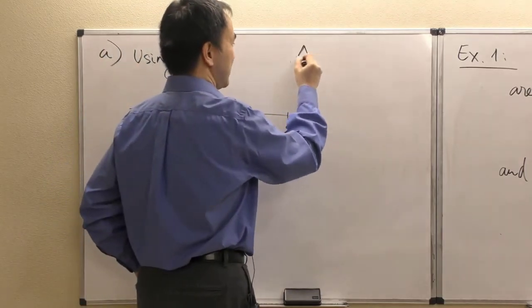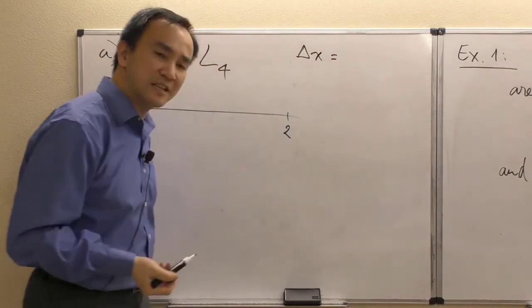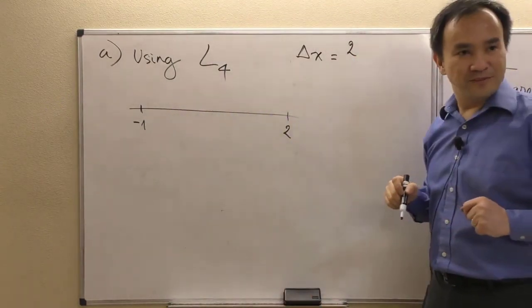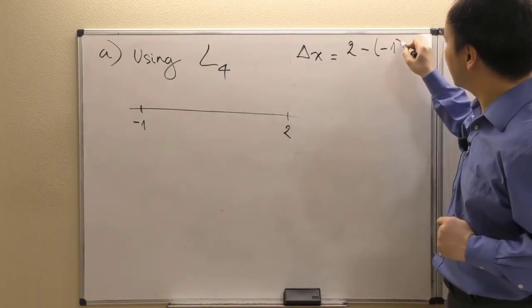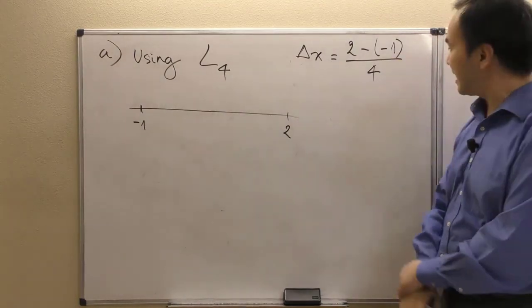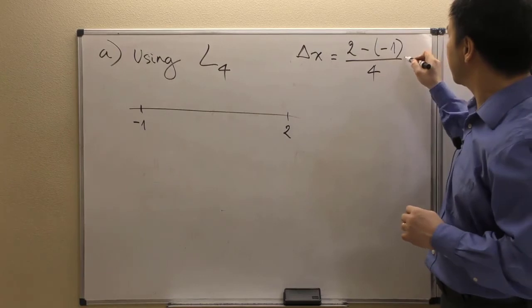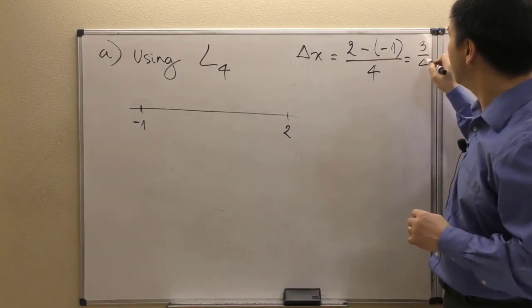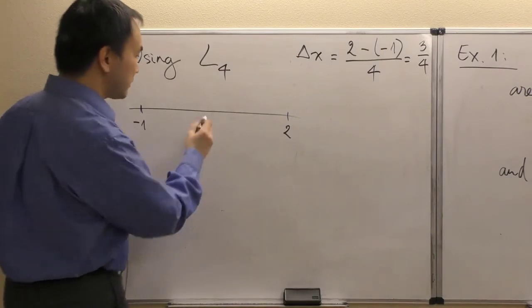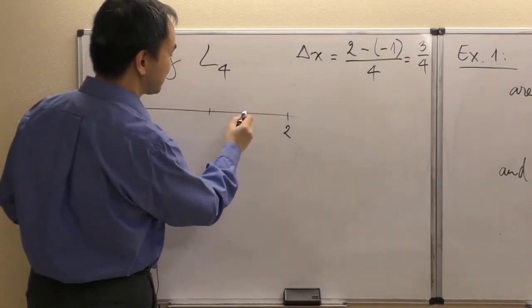So delta x here, we can do a little prepping step ahead of time: 2 is the final end of our interval, minus -1, over 4 subintervals. That gives us 3/4, or 0.75. And so now, 4 subintervals.